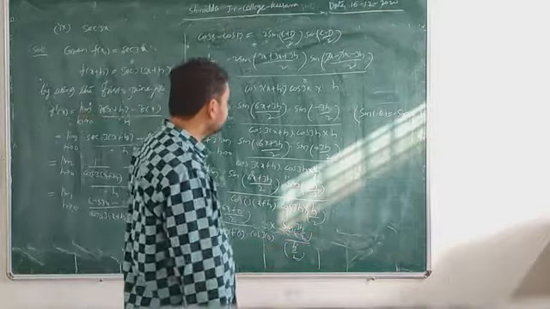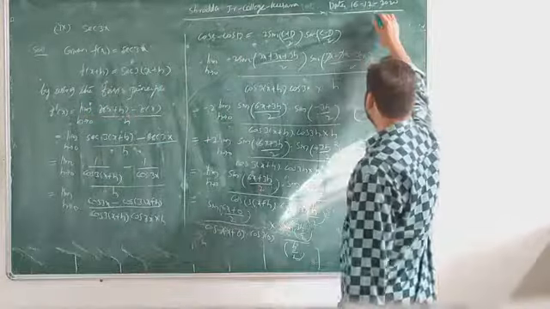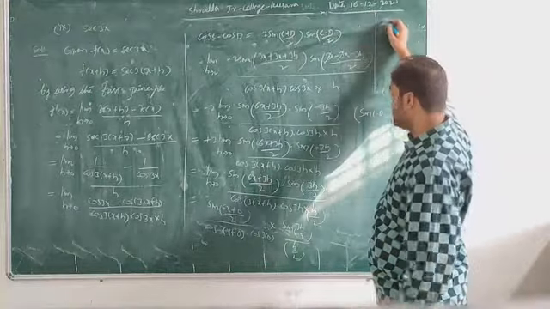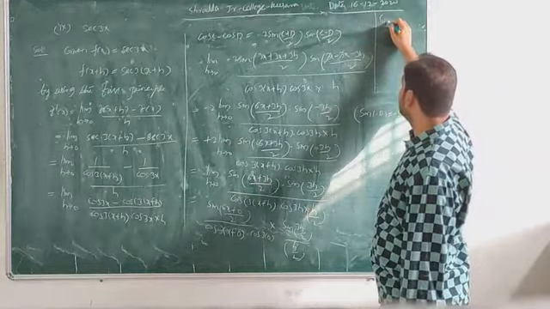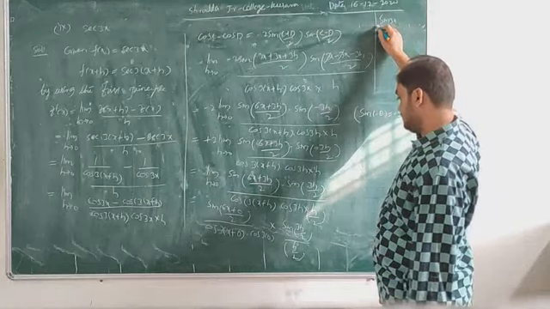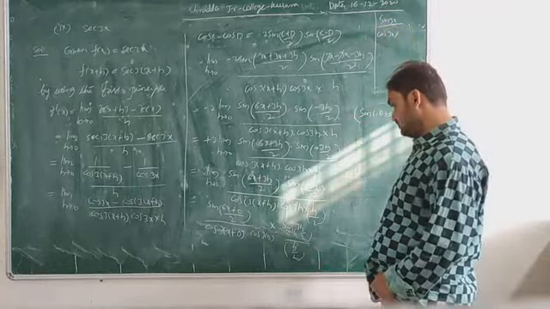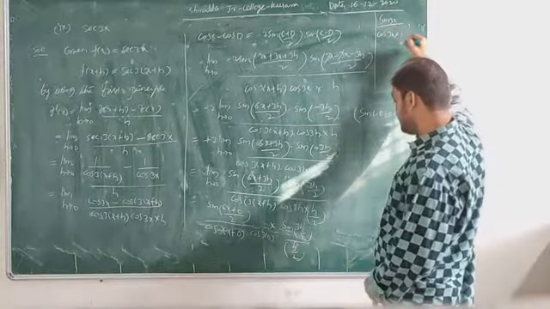Now see what we are getting here. Sin 6x by 2 means sin 3x, by cos 3x into cos 0 degrees, which is 1.